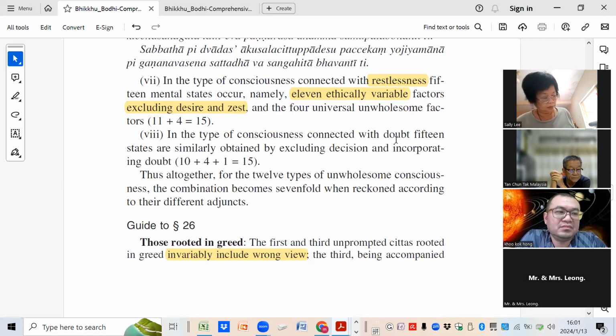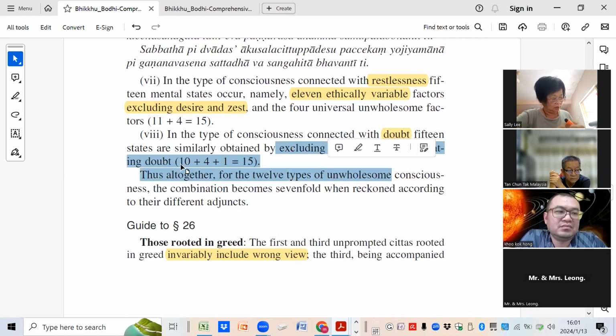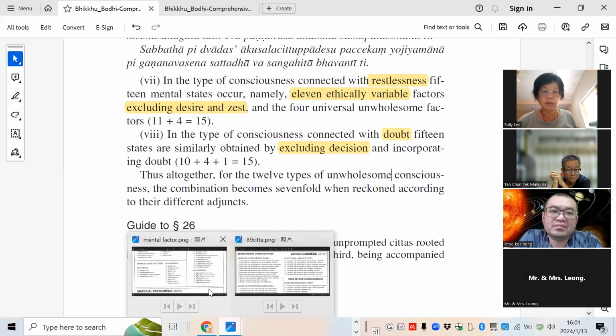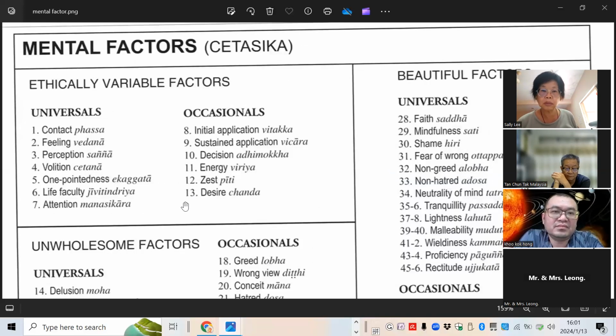Then we get to the doubt. For the doubt, we have to exclude decision again, because the doubtful state is the situation without any decision. So we go back to this calculation. Just now, zest and desire have been excluded.